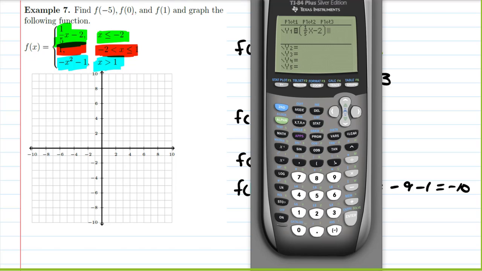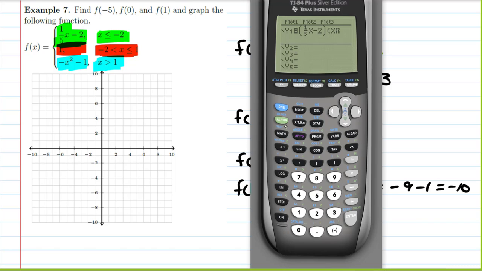Then I'm going to put my domain in. My domain also needs to go into parentheses. So I open my parentheses, and then I have x, and then to get my less than or equal to sign, I'm going to go into my test menu. So if you look at the secondary function on your math key, you'll see its second function says test.